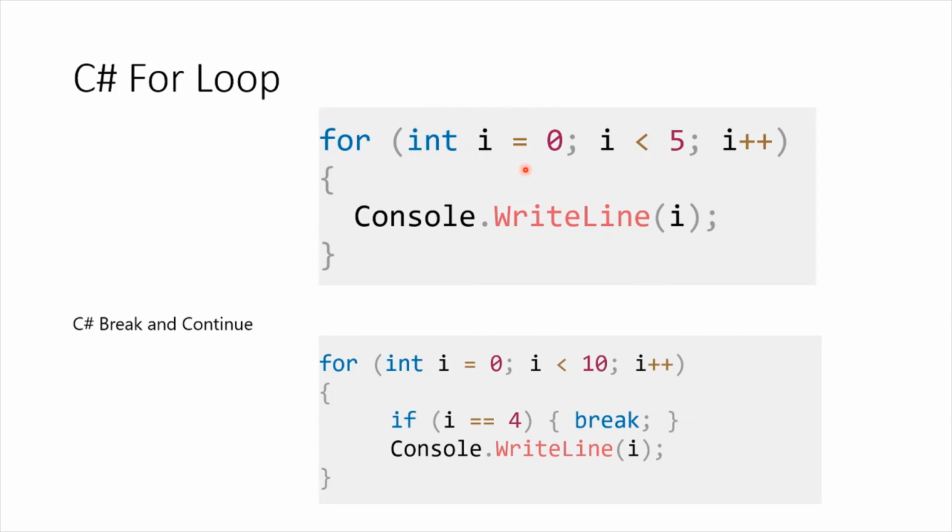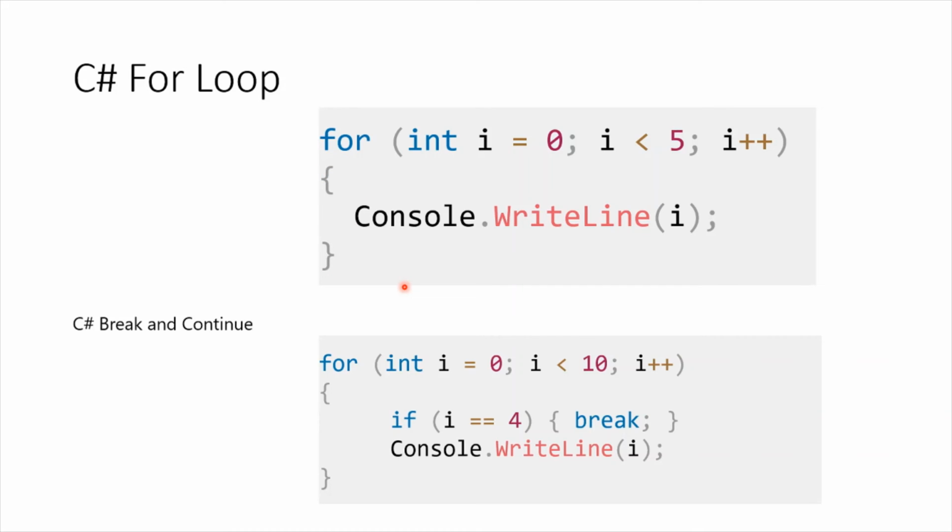The first statement is executed only one time, before the execution of the code block. The second statement defines the condition, and the third one is executed every time after the code block is executed.